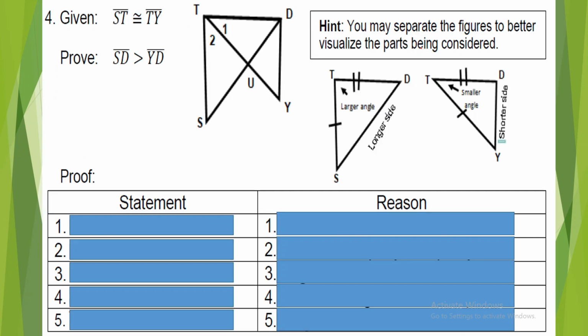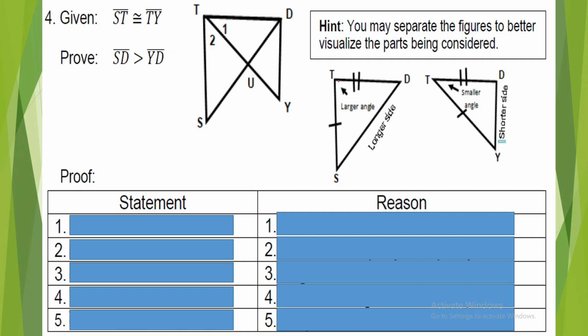Next example. Given segment ST is congruent to segment TY, prove that segment SD is greater than segment YD. We have here a hint to give you a clearer picture of what we need in proving the given statement. We may separate the figures to better visualize the parts being considered.